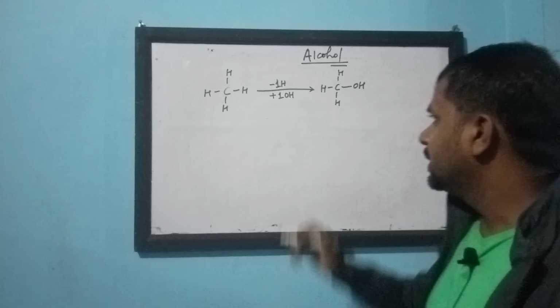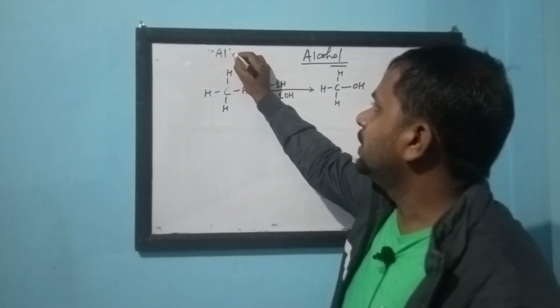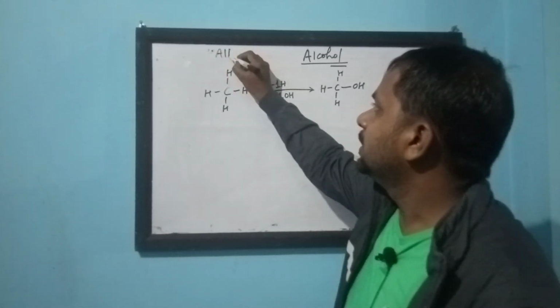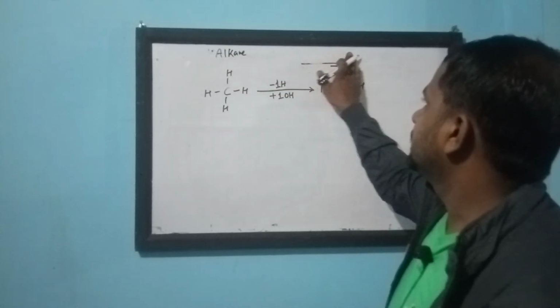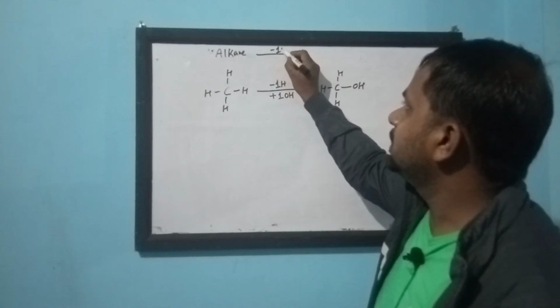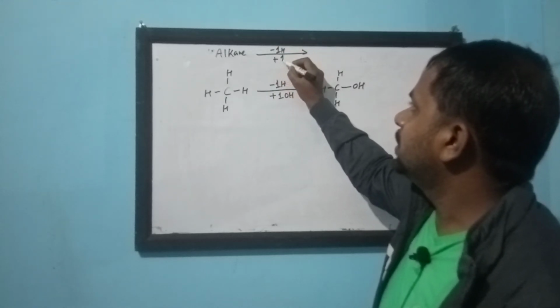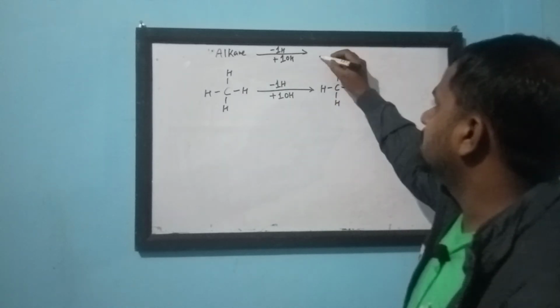We can say this is the alkane, and from the alkane one hydrogen is minus and one OH is added, then it becomes alcohol.